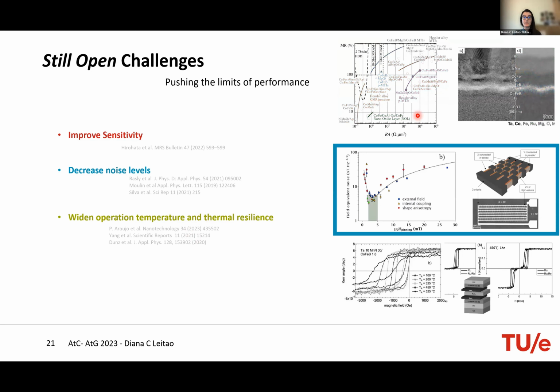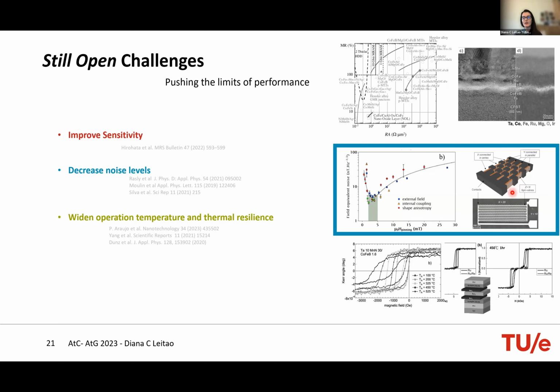Another critical point, and if one thinks about application, this can be one of the main issues that we really need to ensure works well in these devices, is to have low noise levels. There are different strategies that we can use. We can use external fields to stabilize the domains. We can use internal fields to make sure that the fluctuations of the magnetization are small.